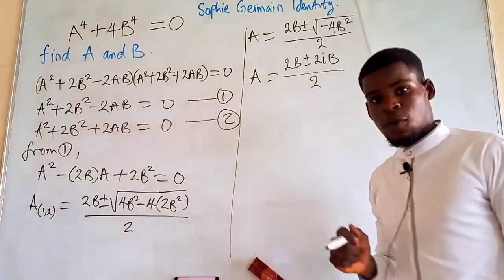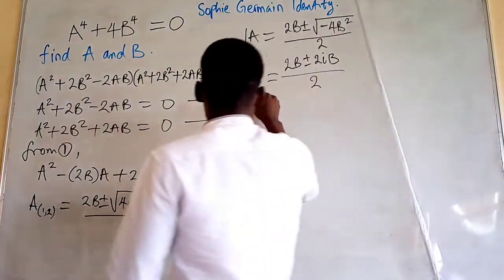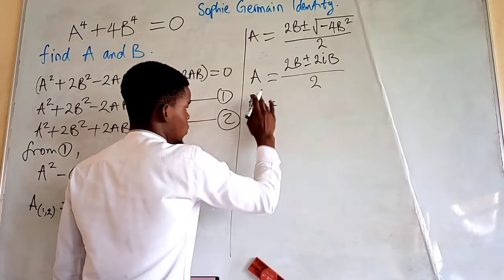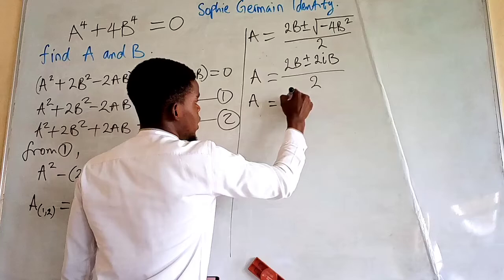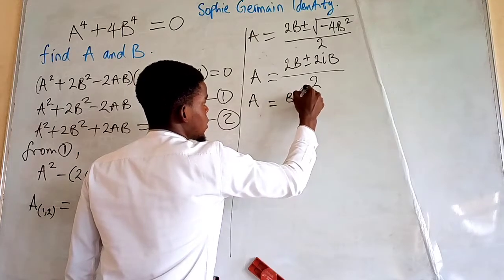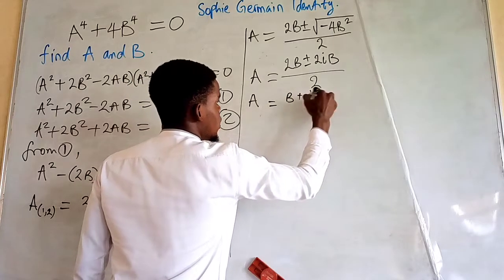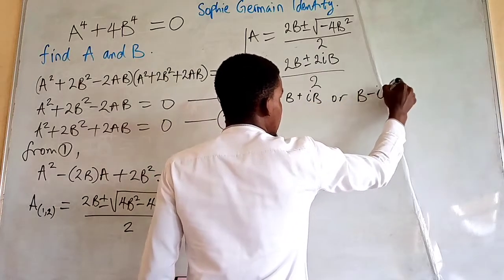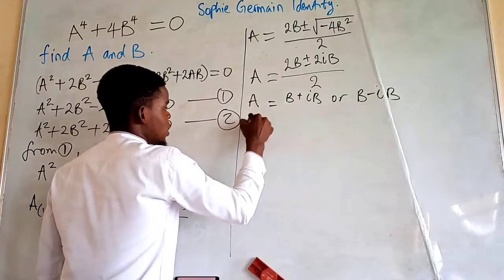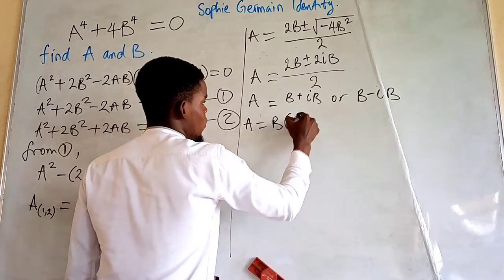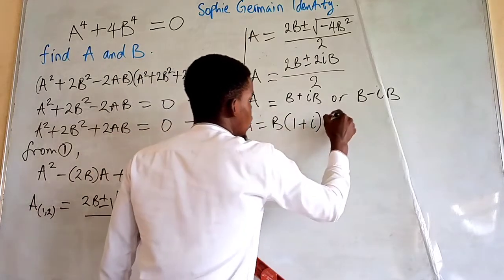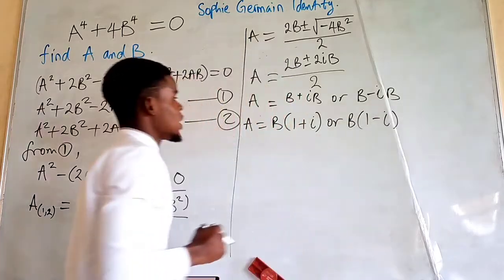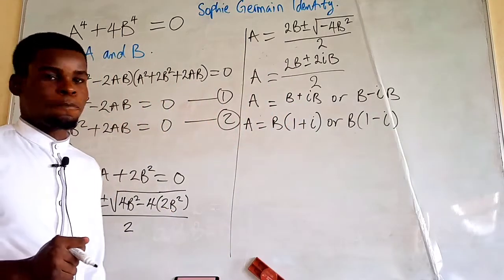So here we just have two values of a, which the first one is that a is equal to b plus ib, or b minus ib. We can also write it as a equals b, then in bracket 1 plus I, or b, then in bracket 1 minus I.